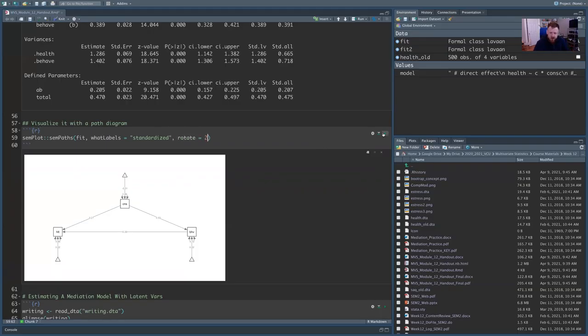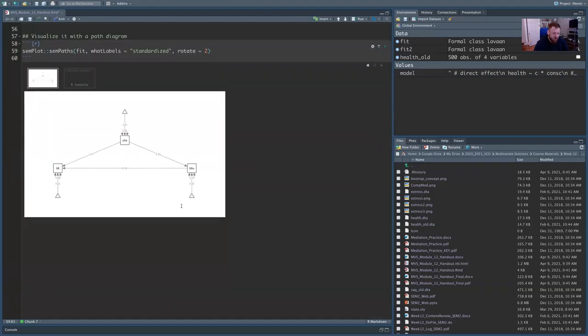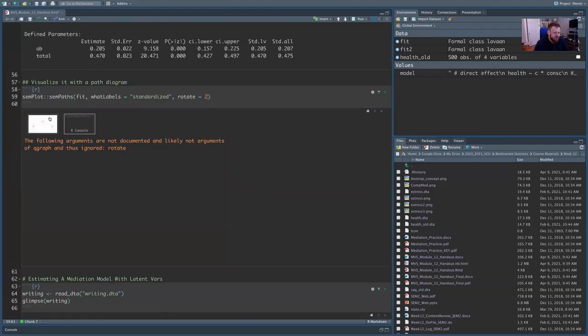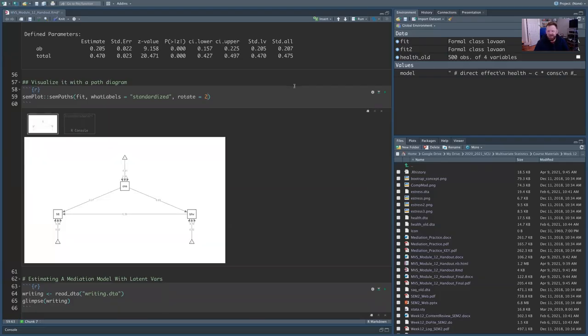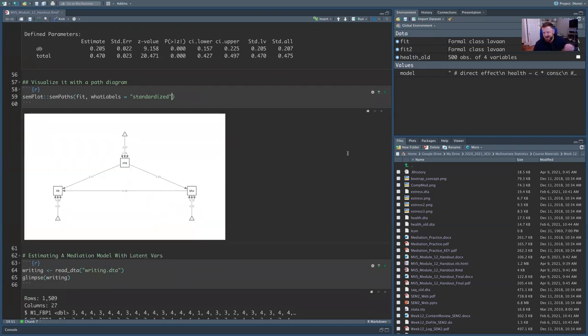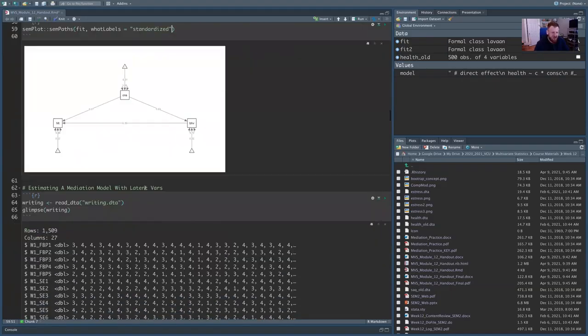What if we did rotate equals 2? Oh, wait, did that do anything? No, it's actually getting mad at me because I'm making things up. So I'll stop. But anyway, there is a way to get semPlot to rotate that, so it looks like a traditional mediation model. But that's basically what it looks like.